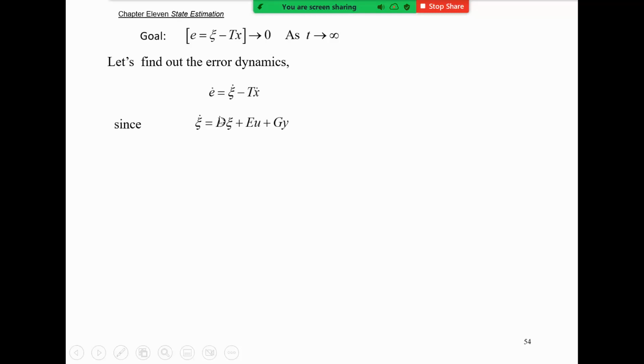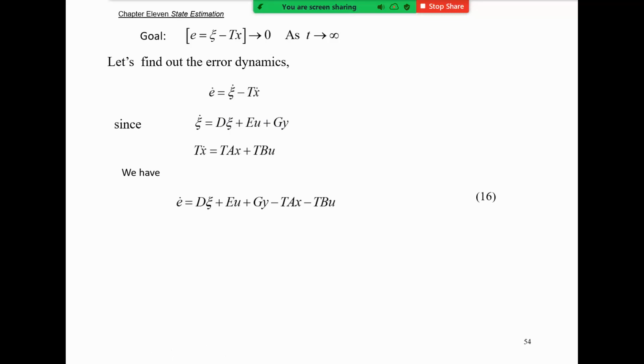We have the equation for the observer: C dot equals D times C plus E times U plus G times Y. X dot is just AX plus BU, so we know T times X dot. Then we get the equation for the estimation error.